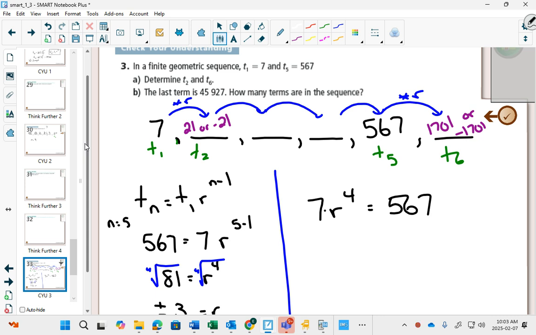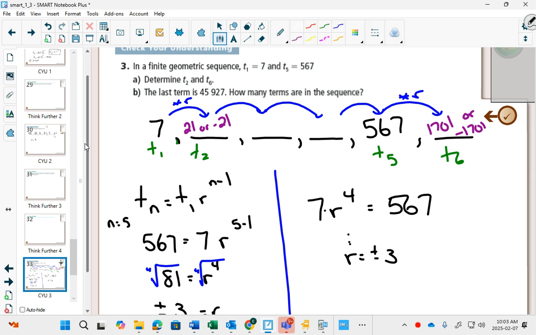Notice that sets up exactly the same thing as the formula, but this time we didn't use the formula, we just thought about how would I write an equation based on the information I was given. And then from here, you could get r as plus or minus 3 as well.